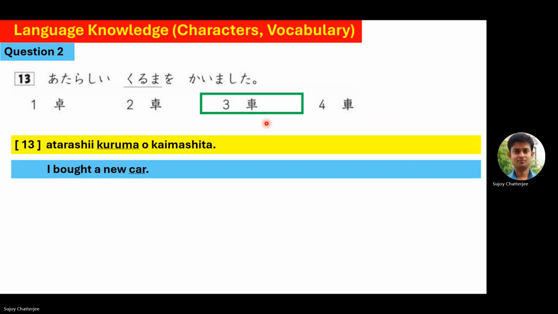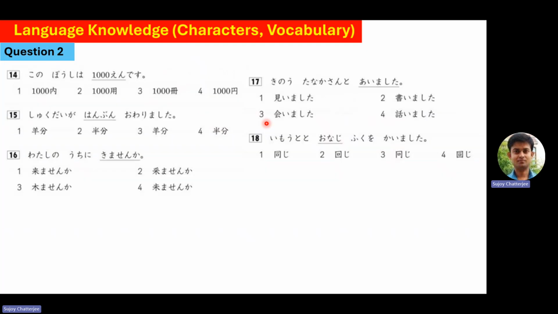So the playlist name is Japanese Lessons for Beginners, where you can find all the lessons that we have done so far. If you are finding it difficult to follow all these questions, then my advice is to visit that playlist and watch the videos of all the lessons one by one in serial order so that you learn Japanese systematically. And after that, it will be very easy for you to answer all these questions.